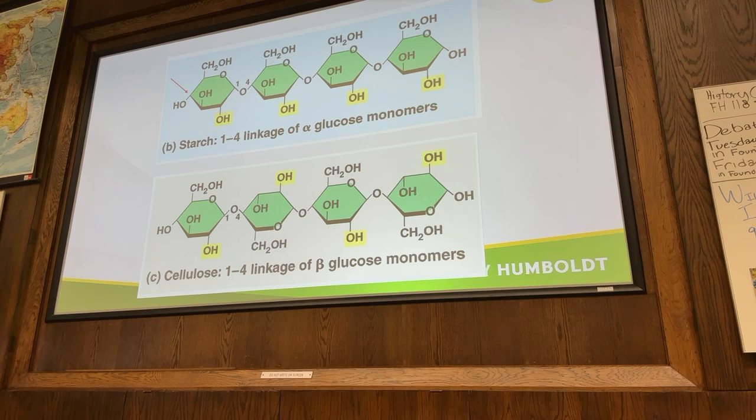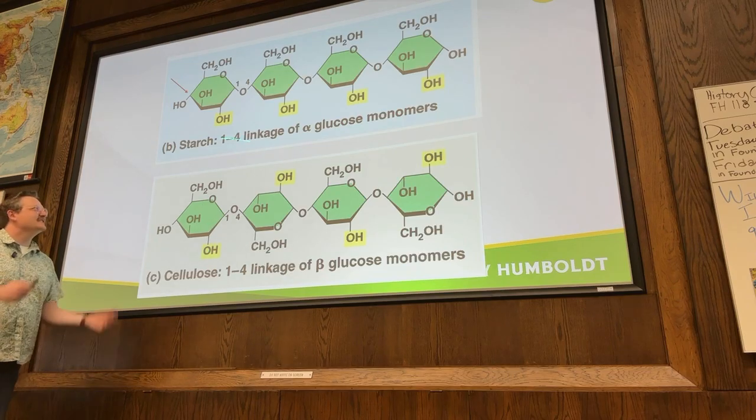Here's starch versus cellulose. They have slightly different orientations of these glucose molecules, and these are different isomers of glucose. So there are ways to think about this. Why is cellulose more stable than starch?